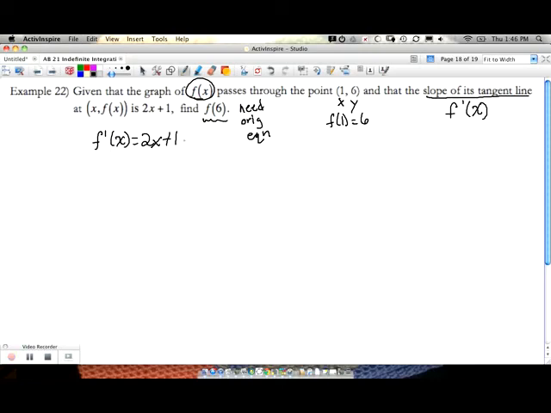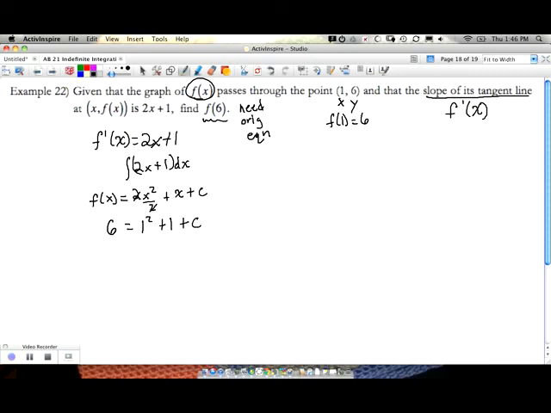Well, let's do that. Okay, so we got f prime of x equals 2x plus 1. We need to take the antiderivative of 2x plus 1, see what we get. So we're going to have 2x squared over 2 plus 1x plus c. That's our original equation. We know that f of 1 equals 6, so if I were to put this side equal to 6, I could plug in 1.